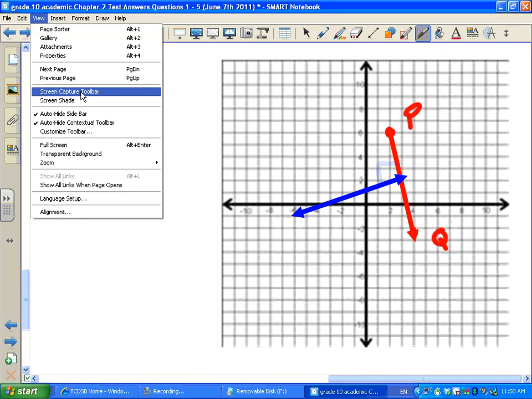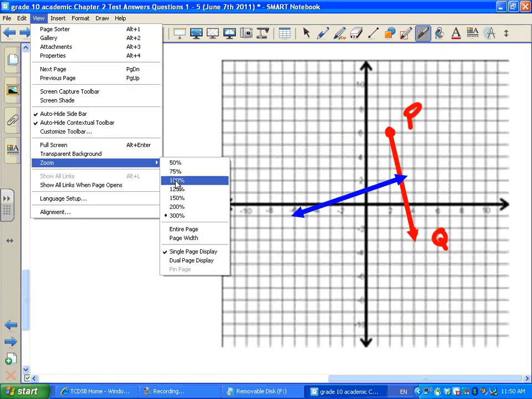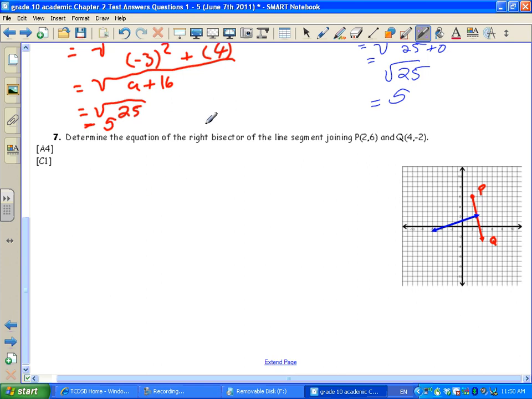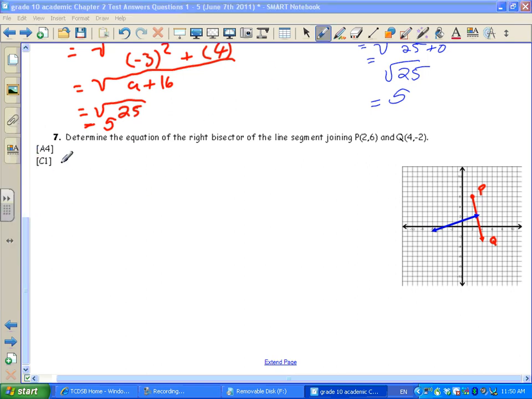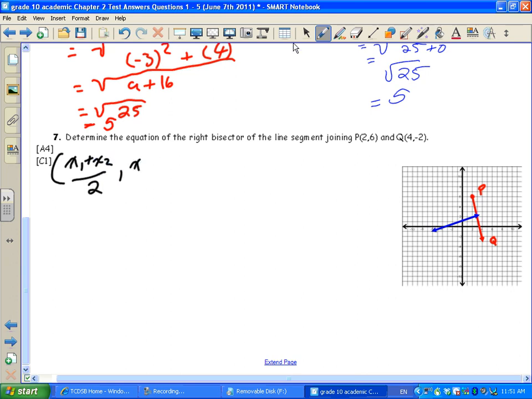Let's start doing the math for it. Okay. So first thing we need to do is midpoint, which we remember the formula from before, x1 plus x2 divided by 2, y1 plus y2 divided by 2. Okay? These are our 2 points.